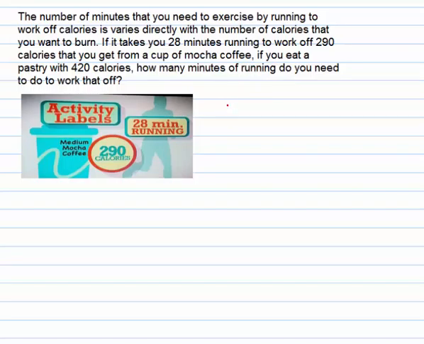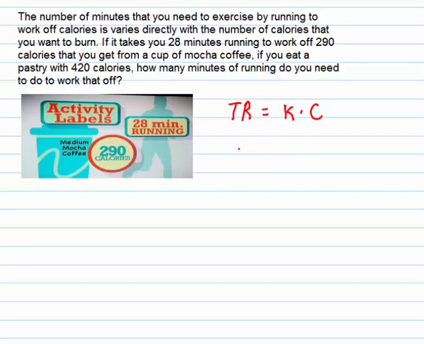So let's see, the time running varies directly with the number of calories that you have to work off. Okay, so the time that it takes, time running, is equal to some constant K times the amount of calories that you consume.